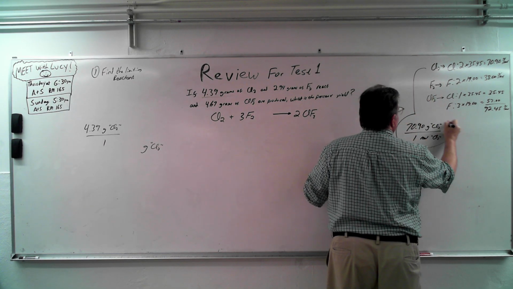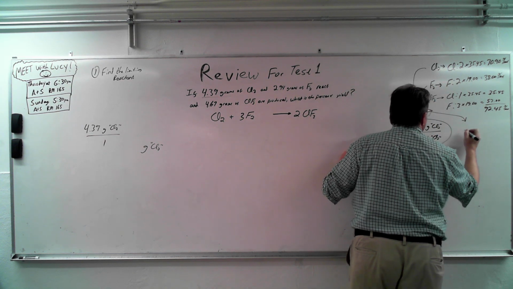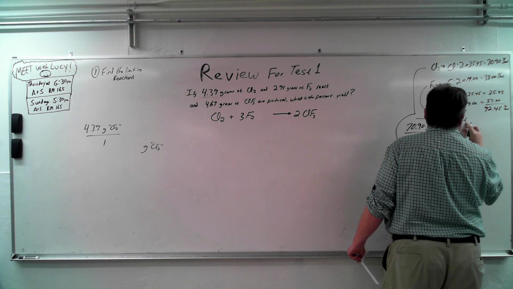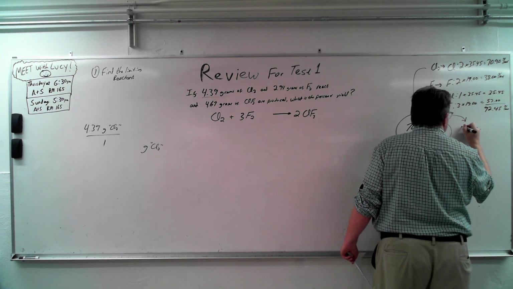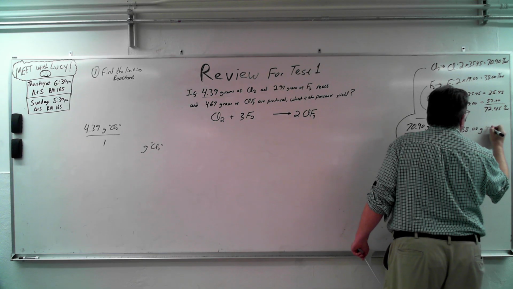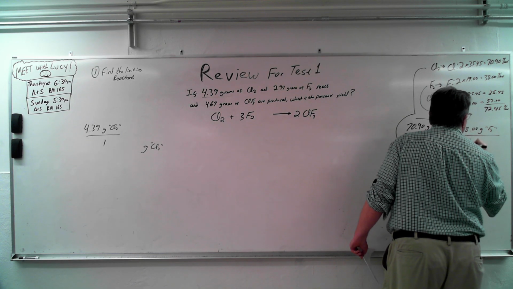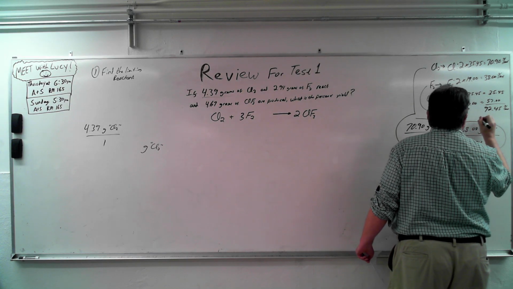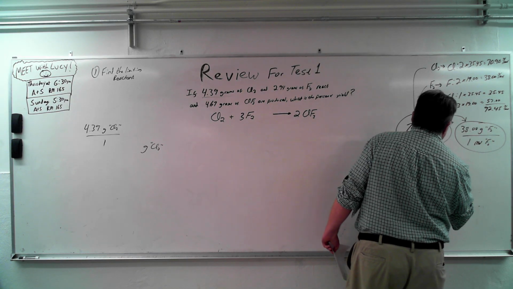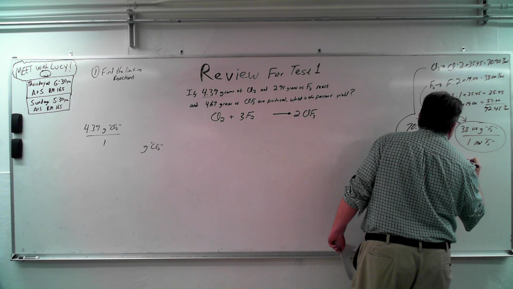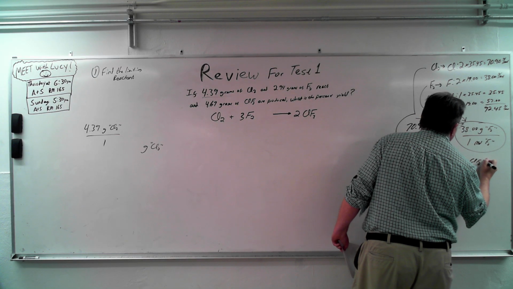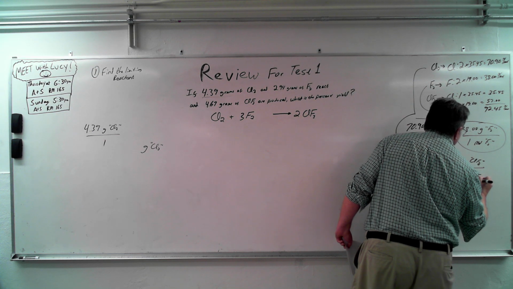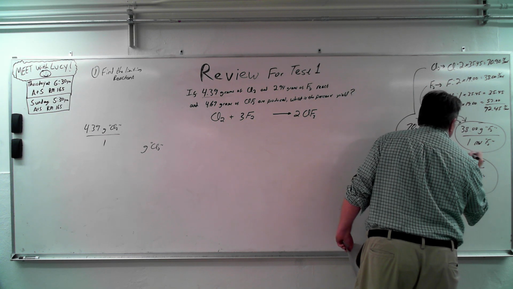So there's that. F2 is 38 grams of F2 is 1 mole of F2. We're going to need that. And then the ClF3 is 92.45 grams of ClF3 is 1. We're going to need all of those before we get to the end.